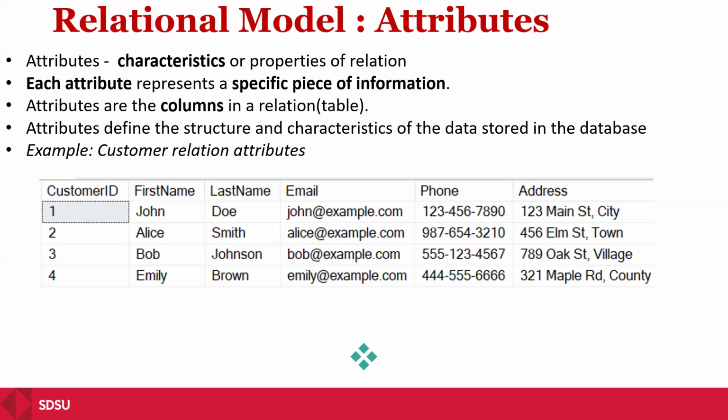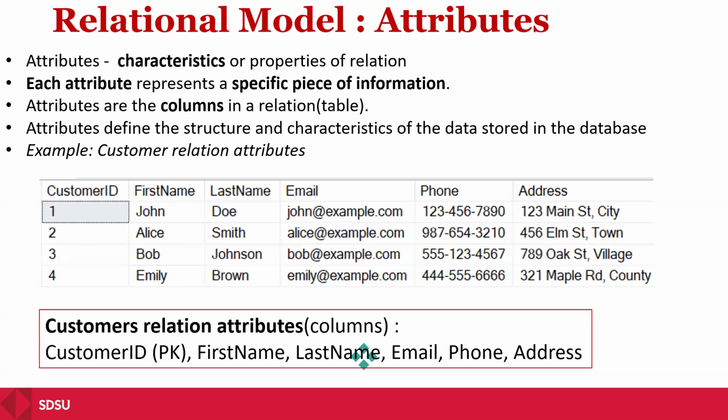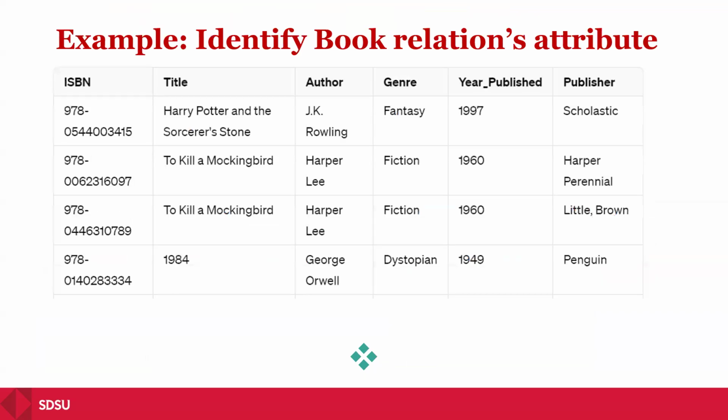And here we have an example of customer relation attributes. This is a customer relation, and it has a total of 6 attributes. Those include customer ID, name, first name, last name, email, phone number, and address. Those are all attributes of the customer relation.